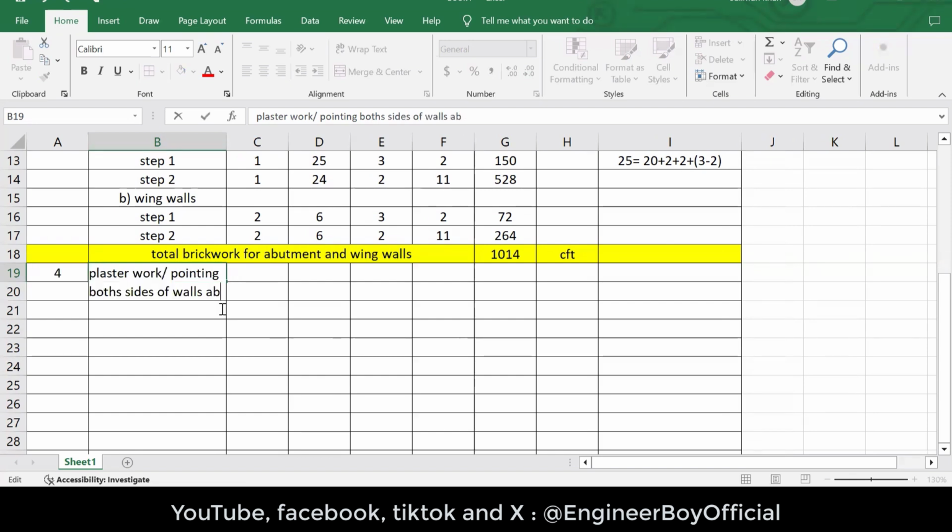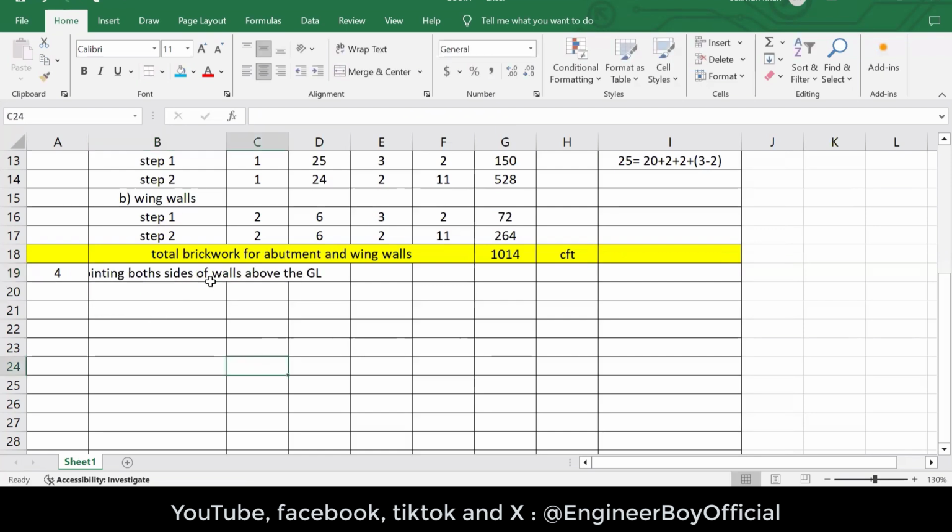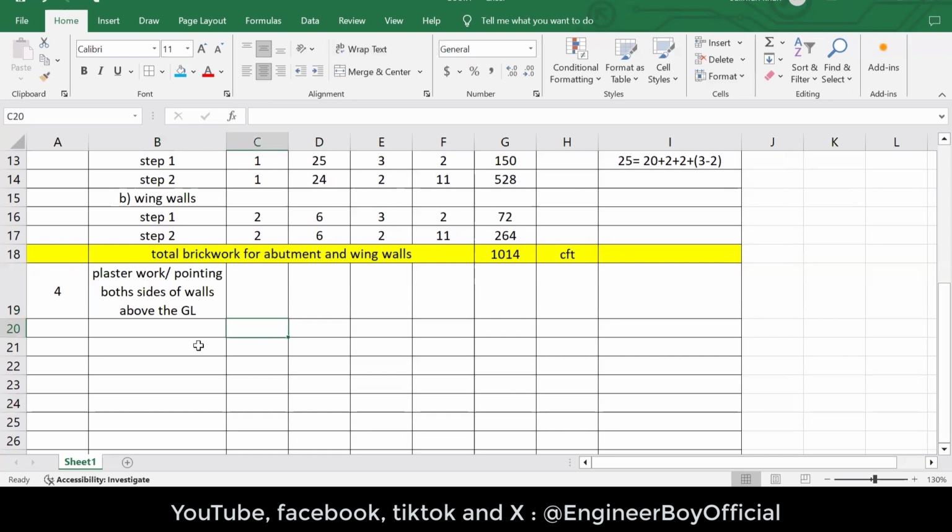And then I'm going to say above the ground level. Very simple. Wrap the text so you guys can see it in the same column. One thing is, I'm going to consider, let's say A is abutment, and then B is wing walls. Now in number, it should be 2 because we are pointing or maybe plastering both sides of the wall.